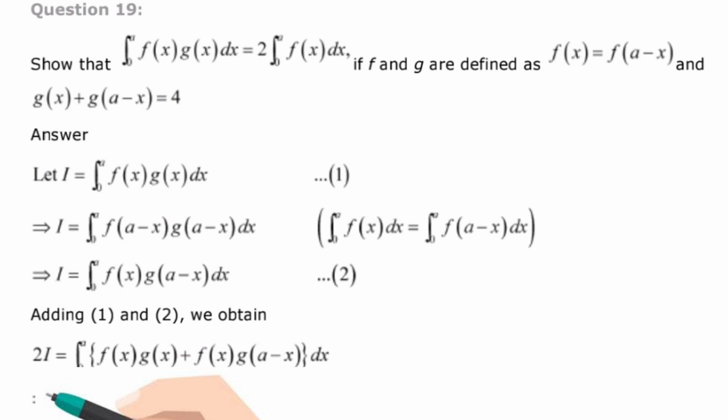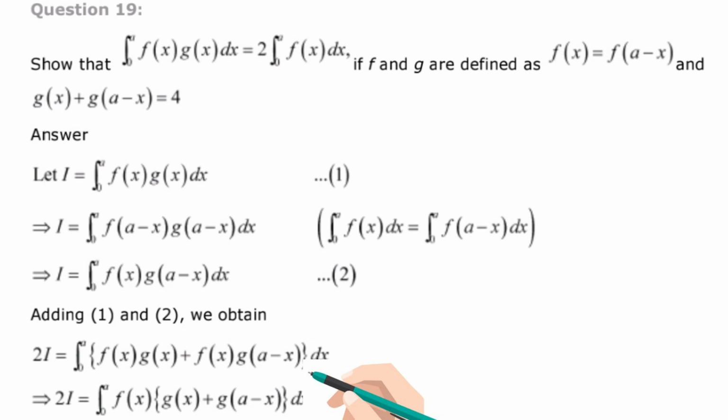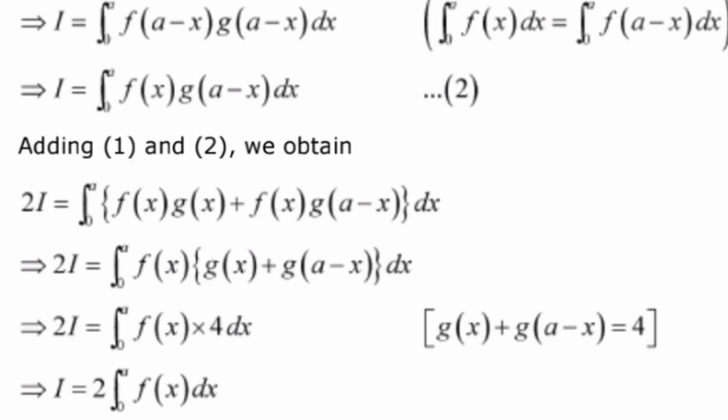Now I add numbers 1 and 2. I get f of x g of x plus f of x g of a minus x dx. Now this f of x g of a minus x is number 2. If I add numbers 1 and 2, I get the integral from 0 to a of f of x g of x plus f of x g of a minus x.